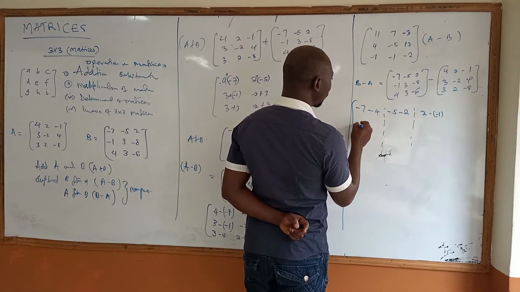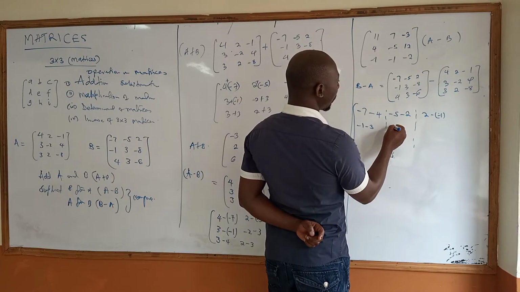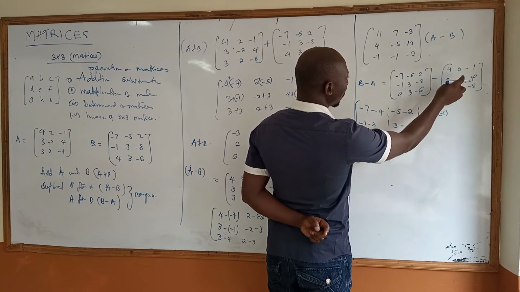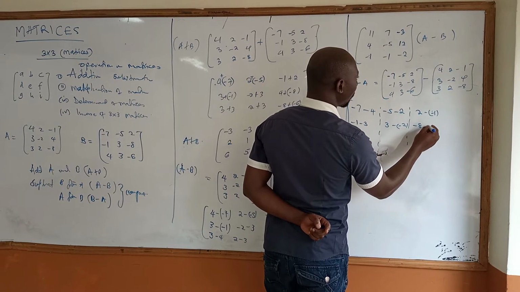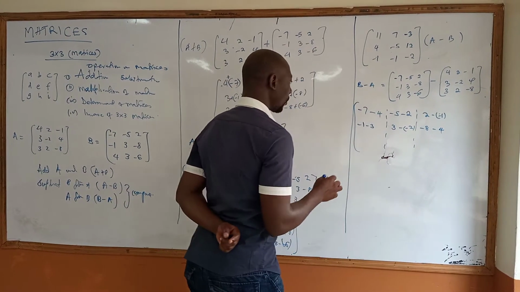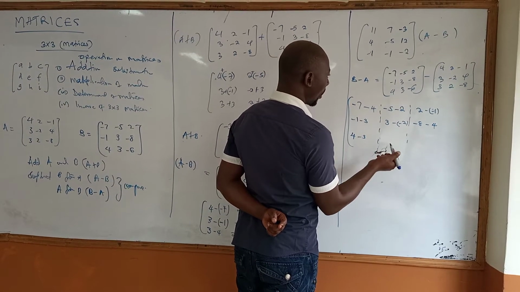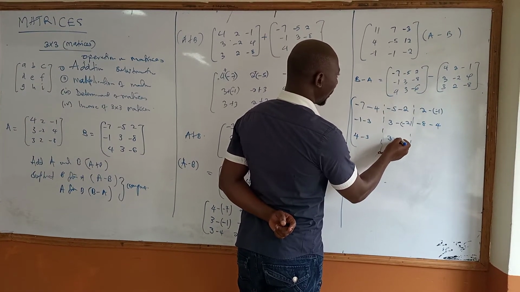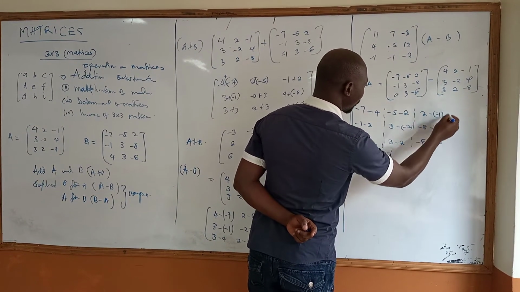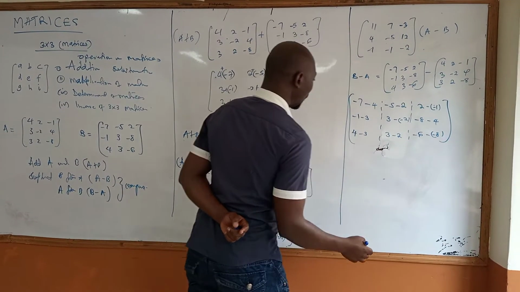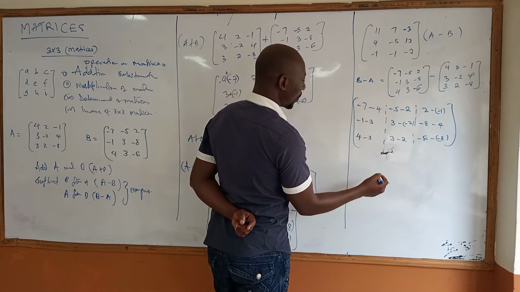Second column, that is negative 1 minus 3, then 3 minus negative 2, then negative 8 minus 4. The last column, that is 4 minus 3, then 3 minus 2, negative 6 minus negative 8. If you condense it, you get that this is negative 7 minus 4 gives you negative 11.